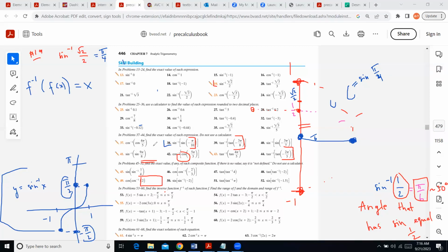Exercise number 38 here deals with arcsine. The other problems here are all calculator exercises, by the way. They say use a calculator, just plug in arcsine, and the calculator will give you some numbers. I've just shown you how to use it.